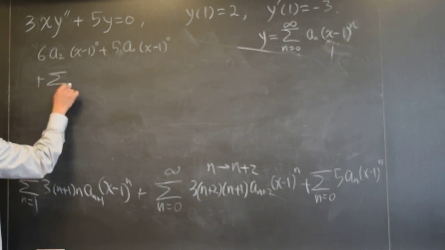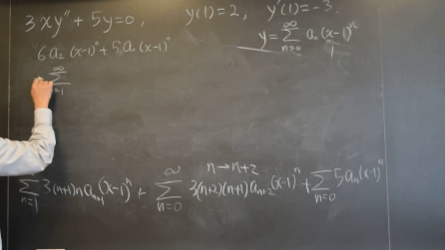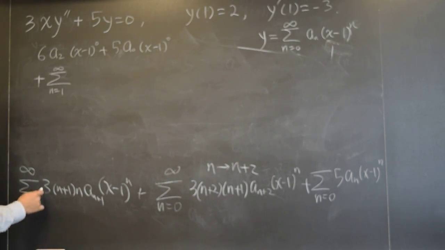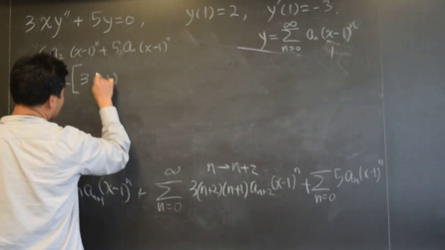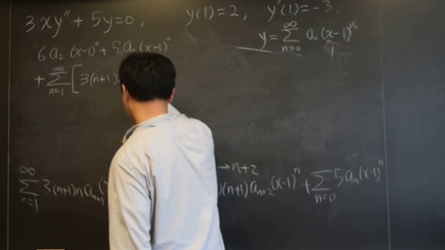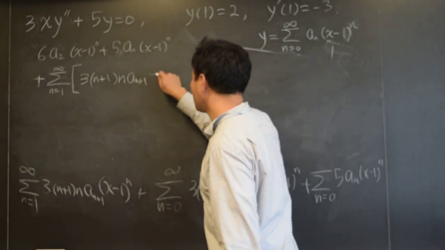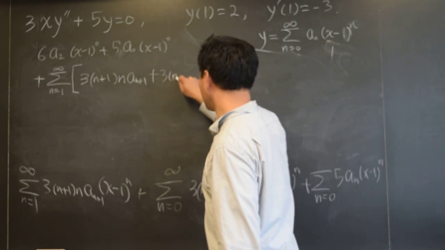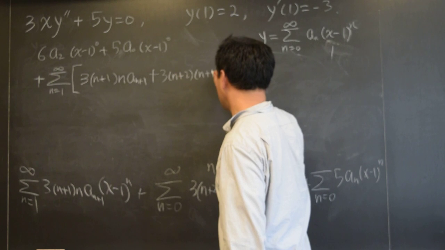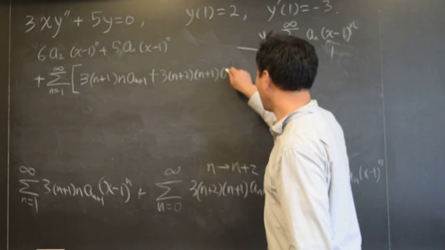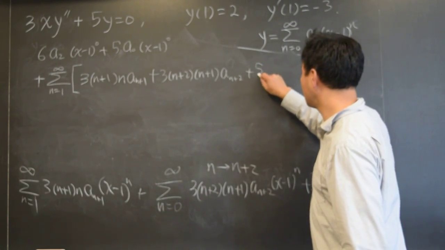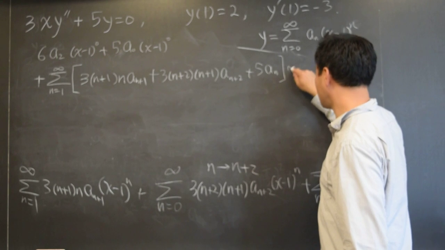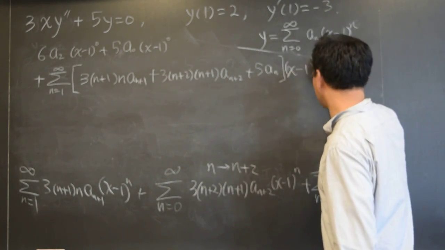So we have sigma n equals 1 and afterwards, and it's a huge sum: 3 n plus 1 times n, a n plus 1, plus 3 n plus 2 times n plus 1 times a n plus 2, and 5 a n, times x minus 1 to the nth power.